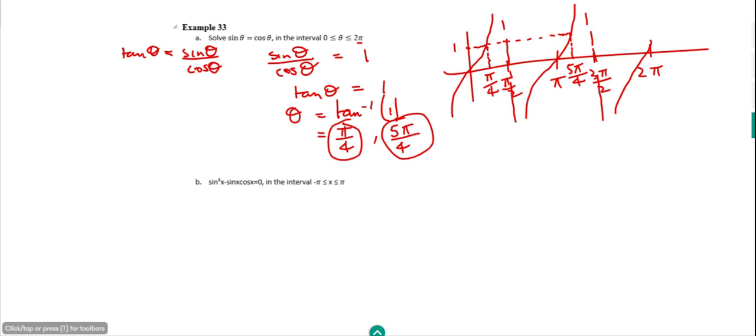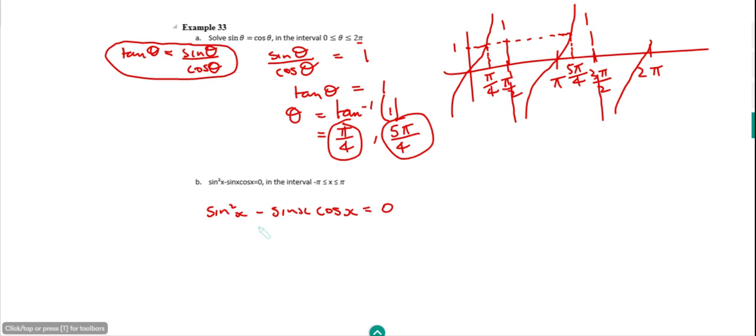If we now look at B, what we've got is sine squared x minus sine x cos x equals 0. So this one looks a little bit confusing to begin with. But what we're going to use is the same identity we've just used above. So this one, tan theta equals sine theta over cos theta.